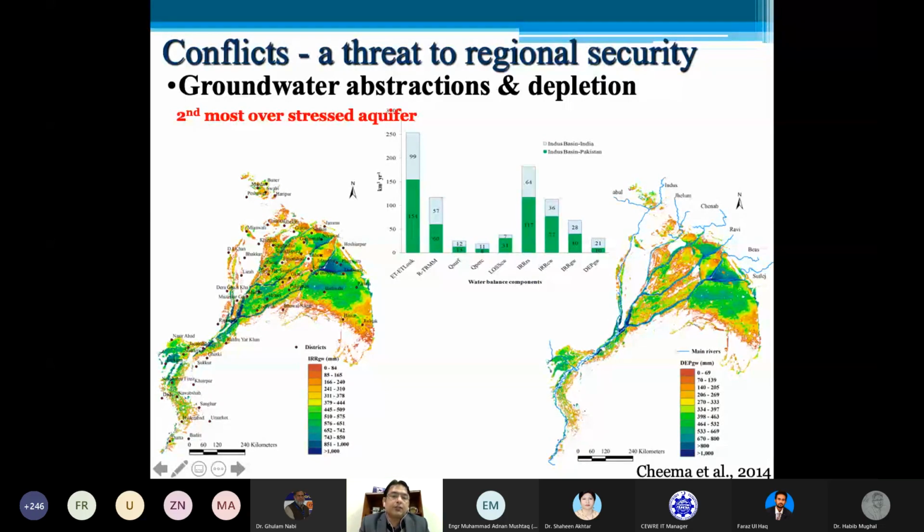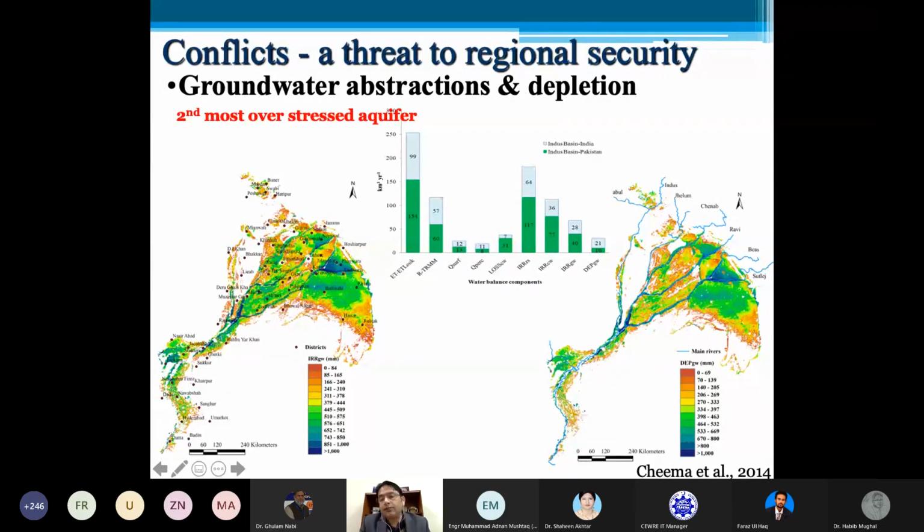Most of the time, on the Indian side, in Punjab and Haryana, most of the groundwater is being pumped from this particular area of the basin. Similarly, if we talk about depletion in the aquifer, of course, where we have more abstraction, we have more depletion in this particular area.